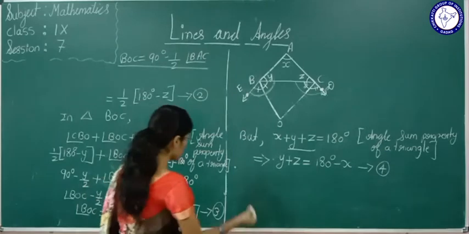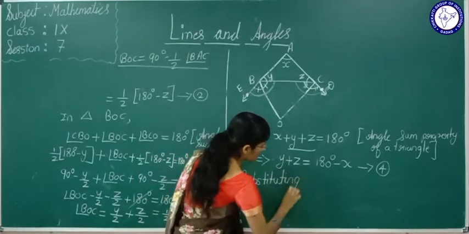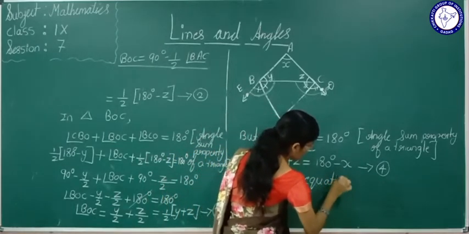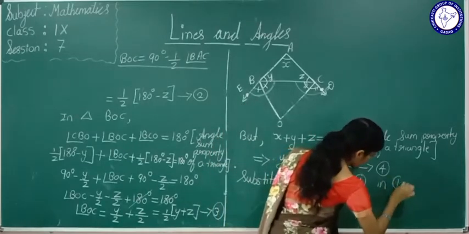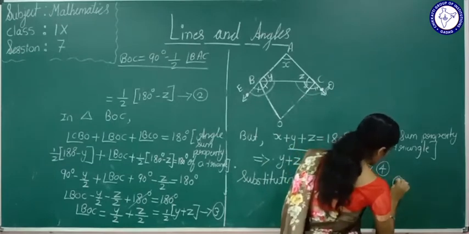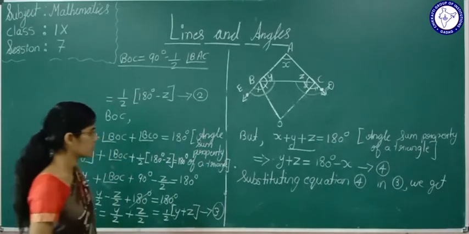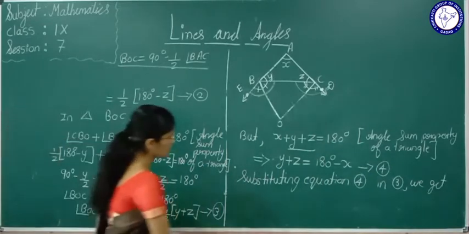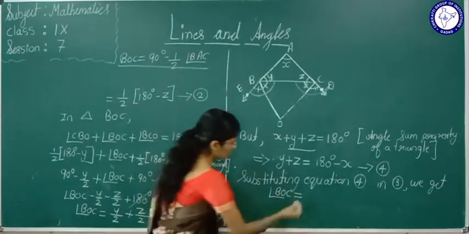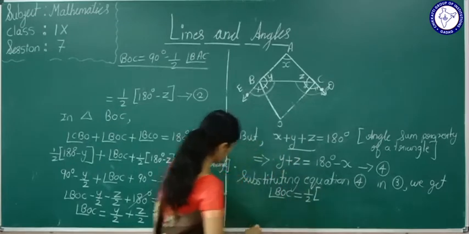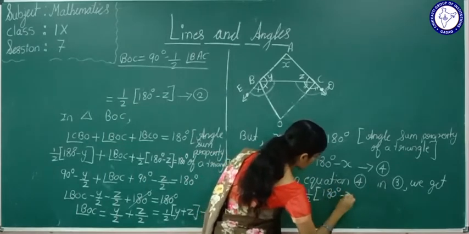Okay. Substituting equation 4 in 3, we get angle BOC is equal to 1 by 2 of y plus z. Y plus z is equal to 180 degree minus x.